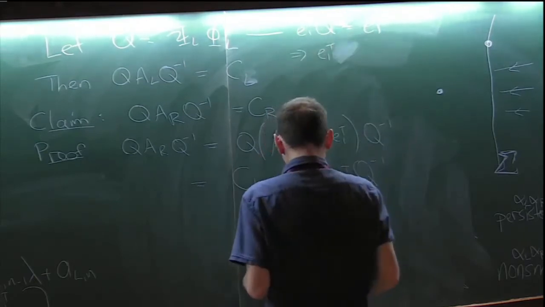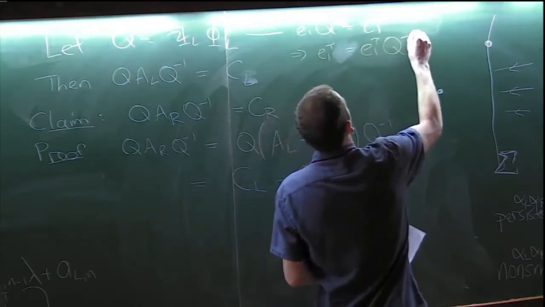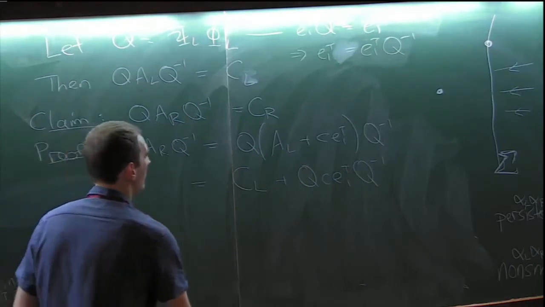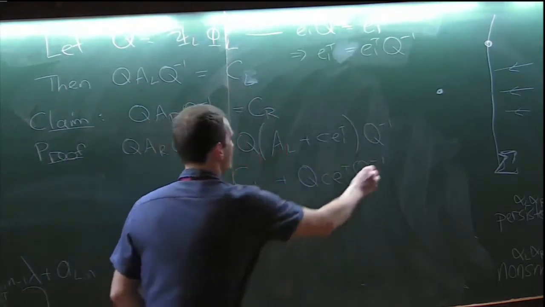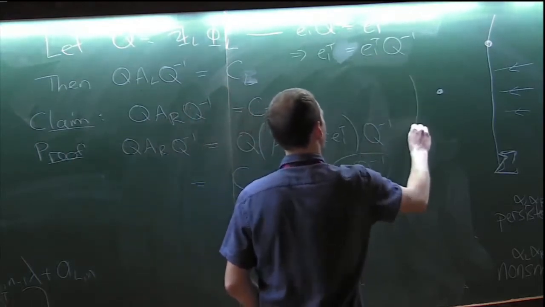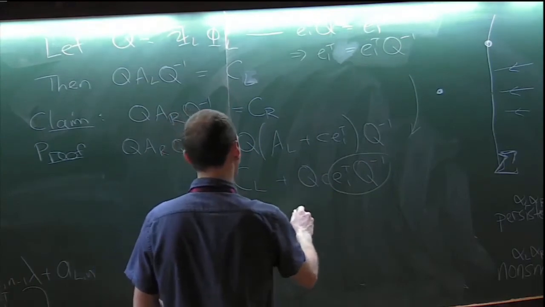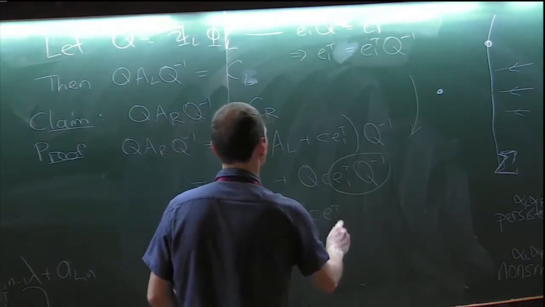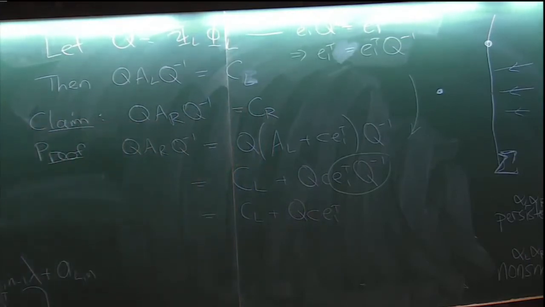I don't have Q anymore. And so that's what I can put in here: CL plus Q C E1 transpose. Good.